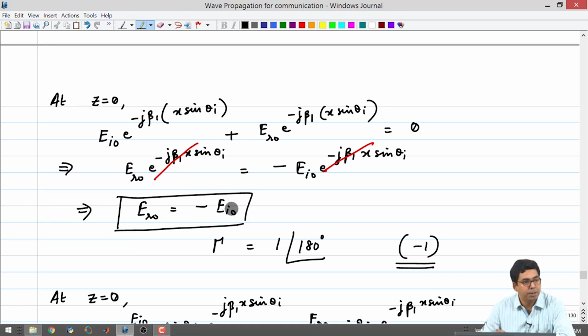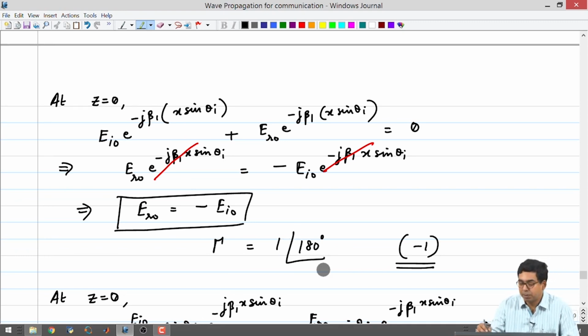Even though we assumed the electric fields point in the same direction, the calculation reveals that the E field flips its direction by 180 degrees when it hits an ideal conductor interface from a dielectric. So the reflection coefficient can be written as 1 at an angle of 180 degrees.